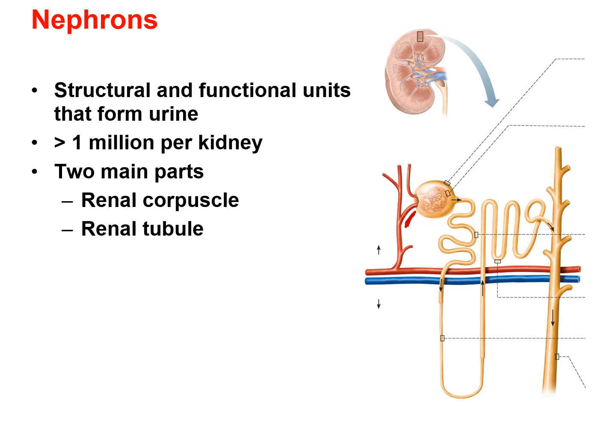And so we're going to be talking about these structures that are shown to you in yellow. So there's your nephron. The nephron is going to be the structural and functional unit of the kidney. They are going to be what actually forms urine.